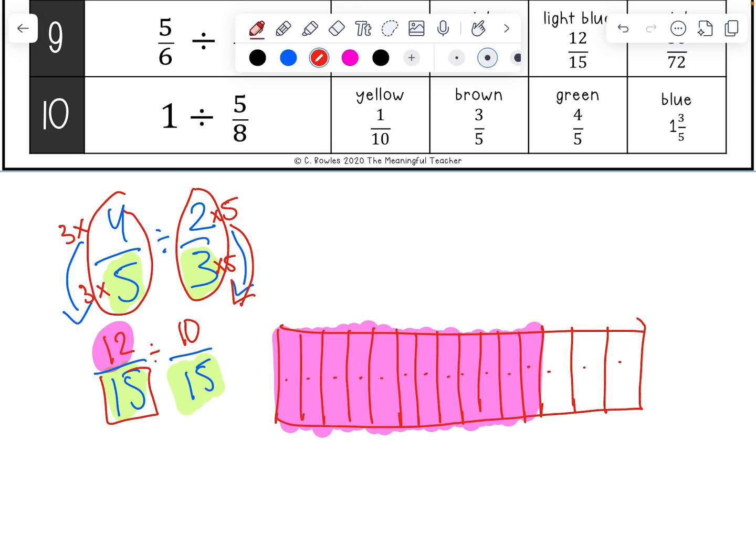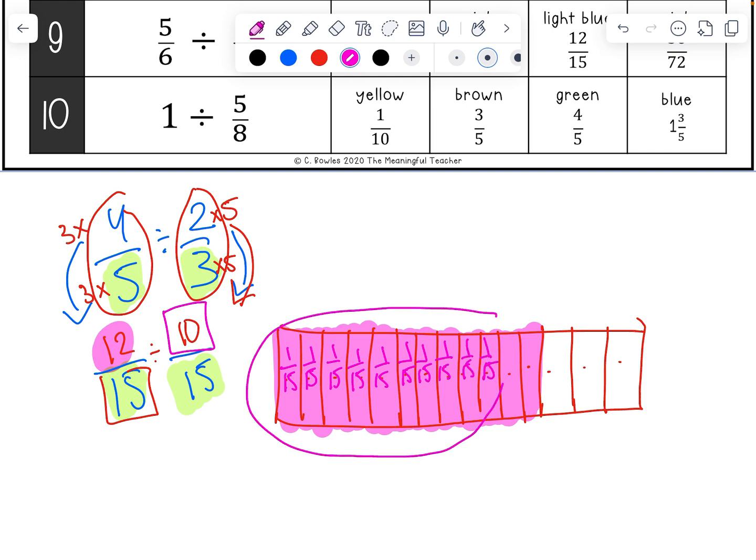And then the other fraction is going to tell me what group size I want. So I want to make groups of 10. So here we go. Here's 1, 2, 3, 4, 5, 6, 7, 8, 9, 10. That's 10/15.